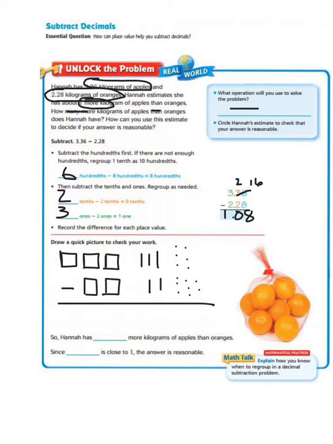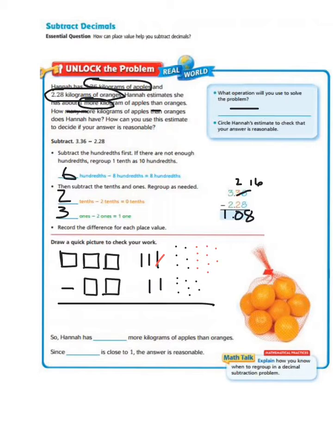So we know we can't do 6 minus 8 because 8 is our bigger number. So we have to come over, take one of our tenths, and add it over here. So that would be 1, 2, 3, 4, 5, 6, 7, 8, 9, 10.